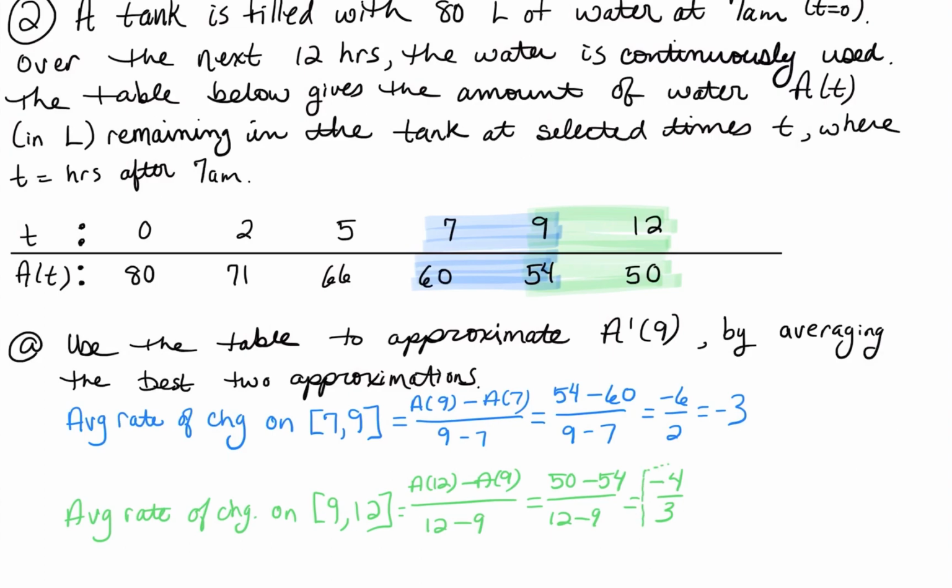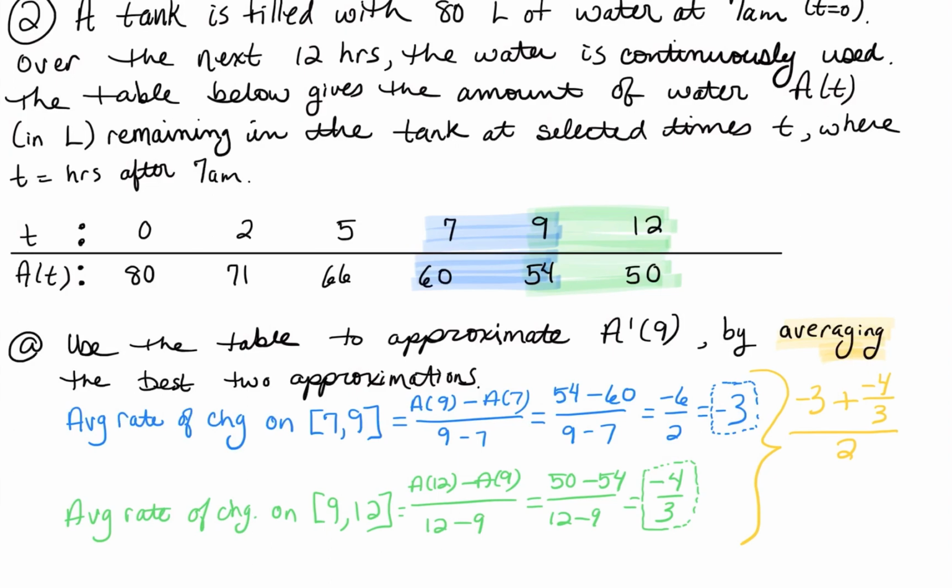These are the best two approximations that I can make for the rate of change around 9. Now we are going to average those two approximations. So let's go ahead and do that. Simply adding up negative 3 plus negative 1 and 1/3, which is negative 4 thirds, and dividing by 2.